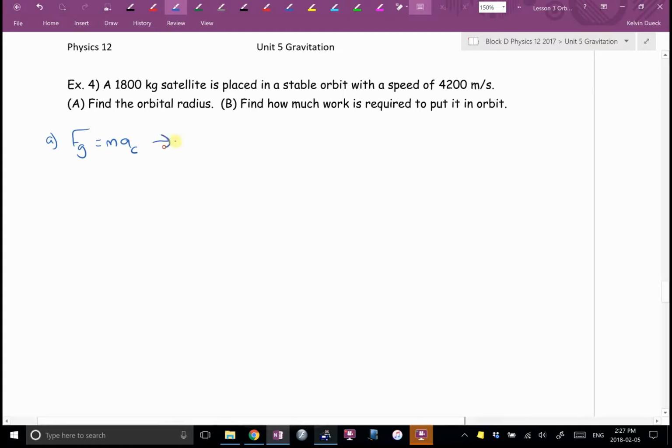And then we can write that as big G, big M, little m over r squared equals m. Which version of A am I going to use here?